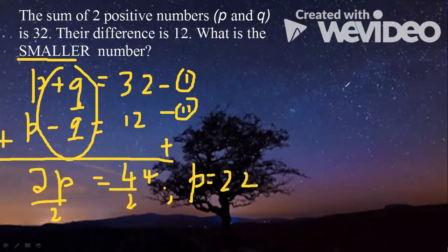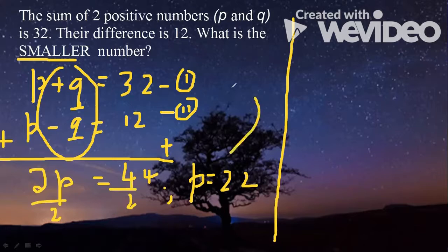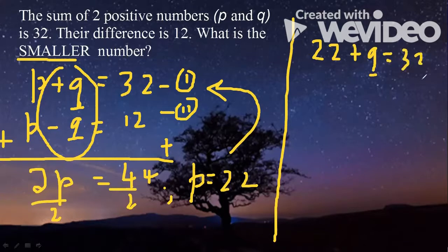Now we're going to find Q, because we don't know the smaller one, by choosing one of these equations. Let's choose equation 1 and substitute P equals 22. So we end up with 22 plus Q equals 32. We subtract 22 from both sides.